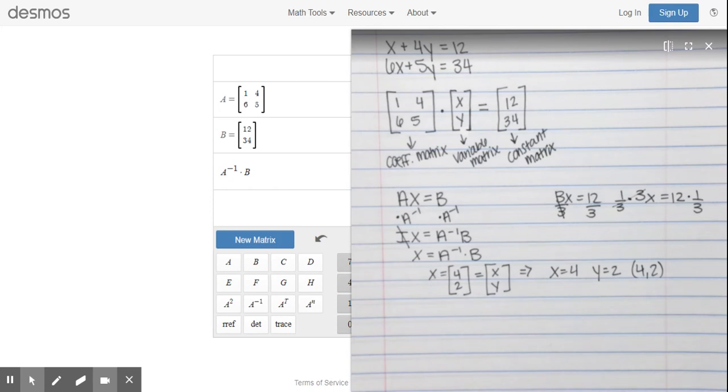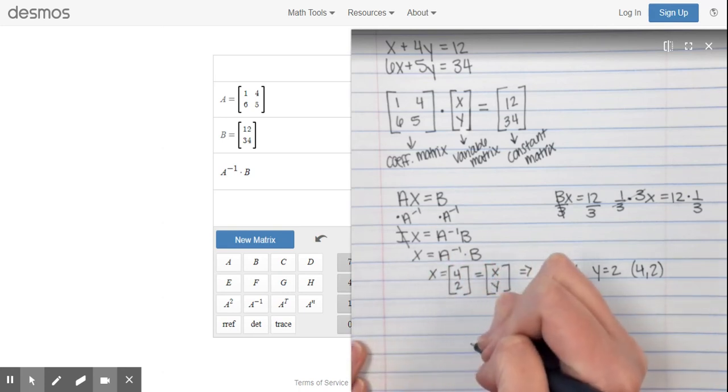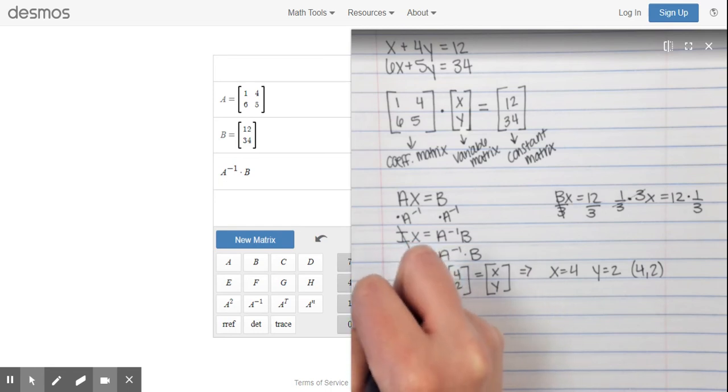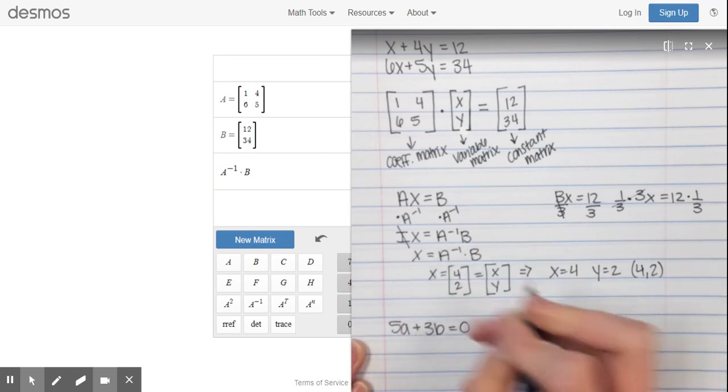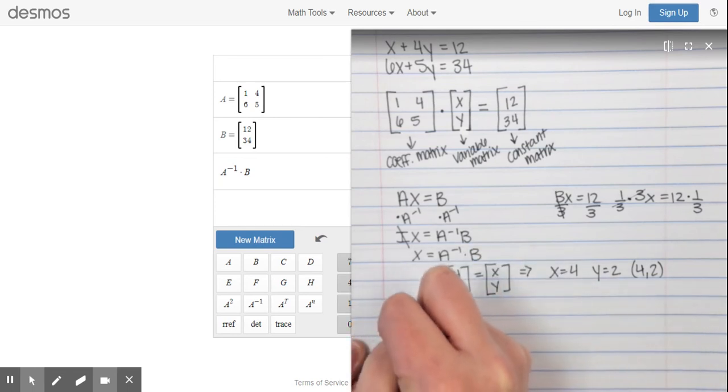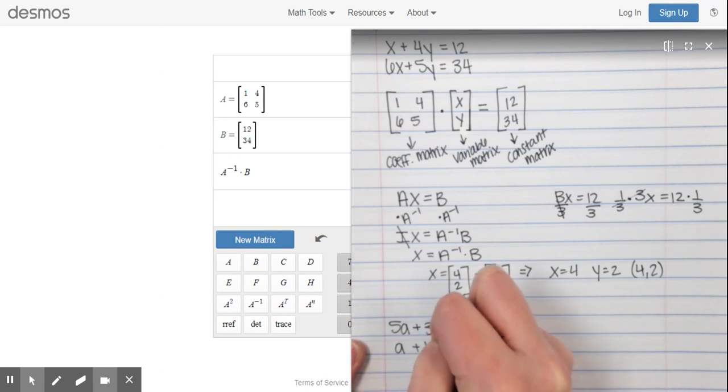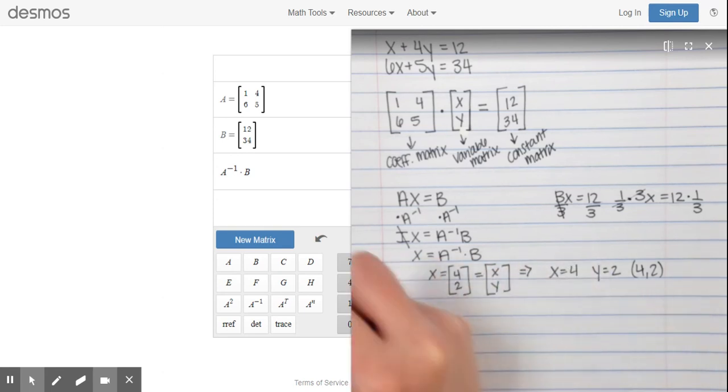Let me find us a good one here. Let's say we have 5A plus 3B equals 0, and A plus B equals 4. Okay, so this is the easier way.